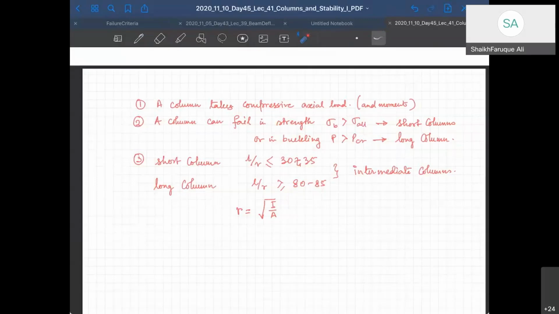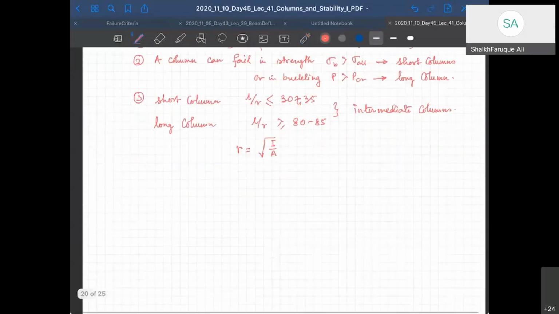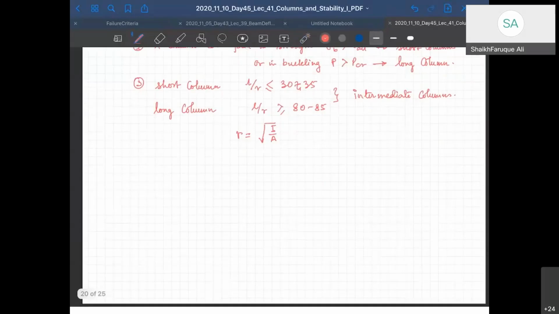All right, and then we saw that the column is defined by a formula. This is for ideal columns, where the load is along the central axis.